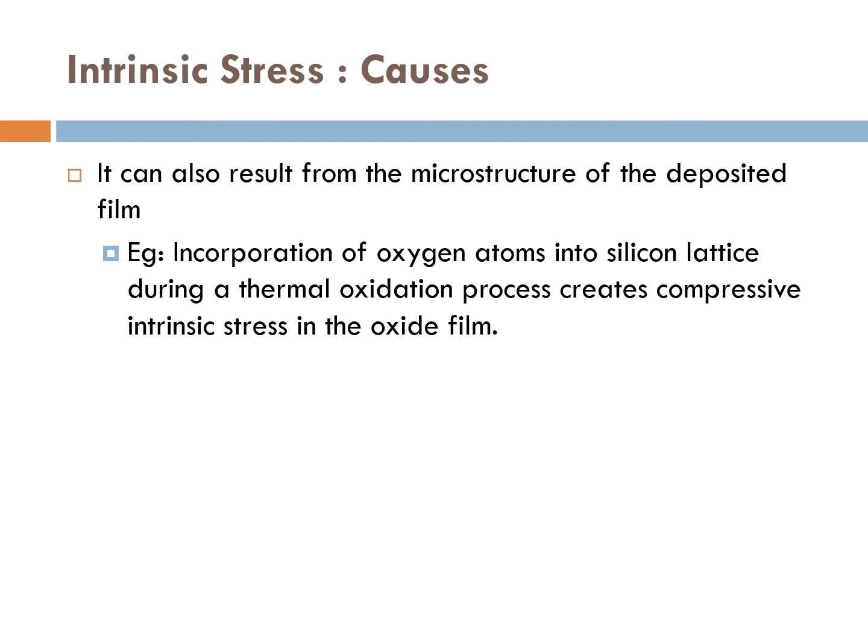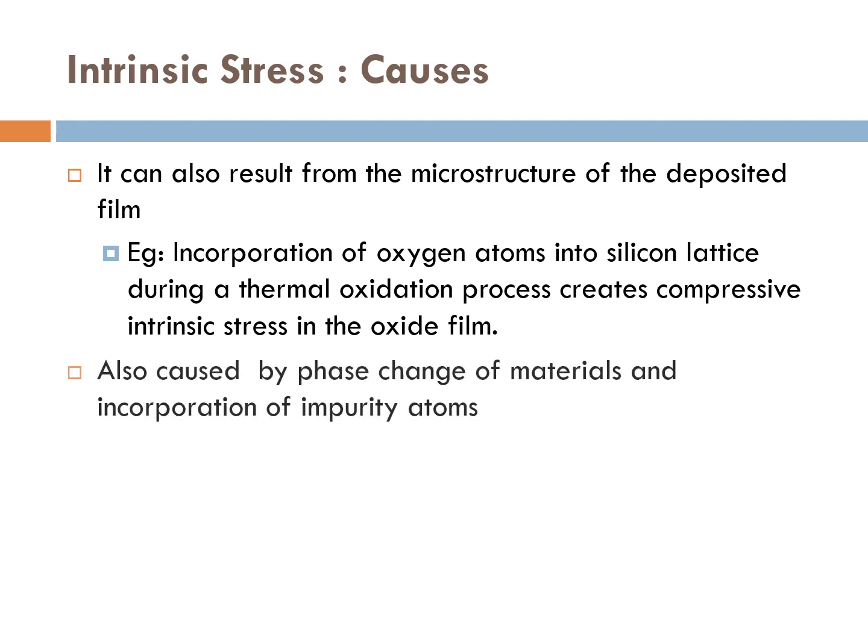For example, the incorporation of oxygen atoms into silicon lattice during a thermal oxidation process creates compressive intrinsic stress in the oxide film. Intrinsic stress is also caused by phase change of materials and incorporation of impurity atoms like dopant atoms.